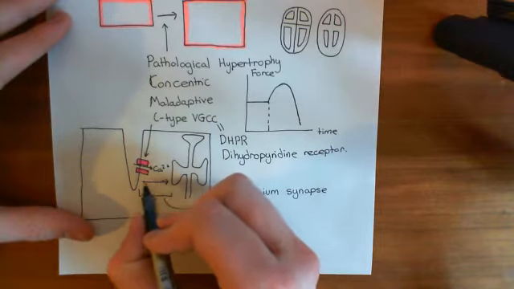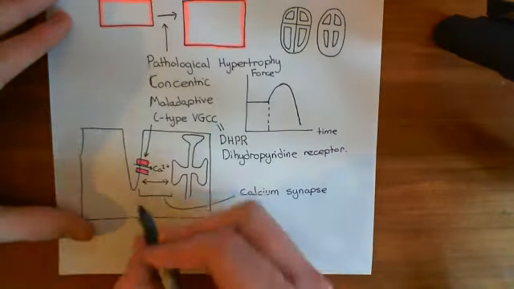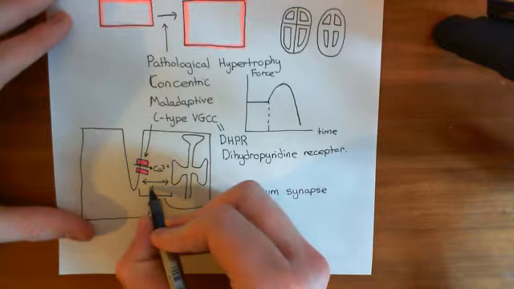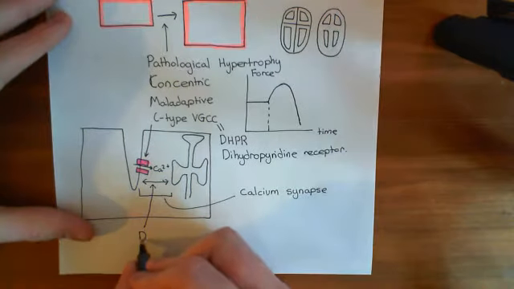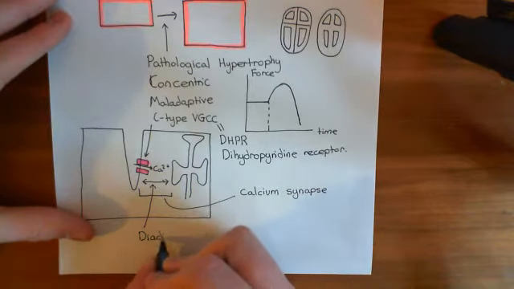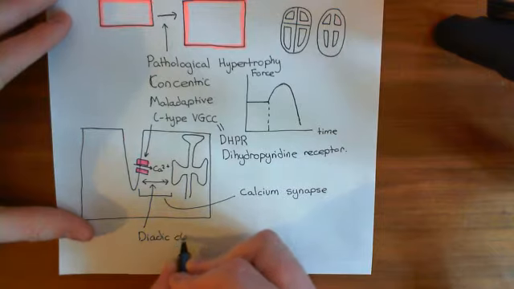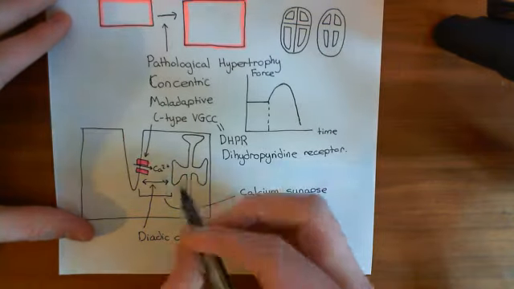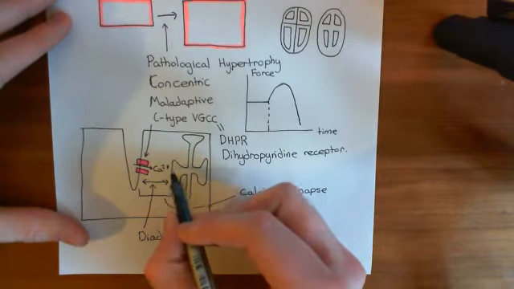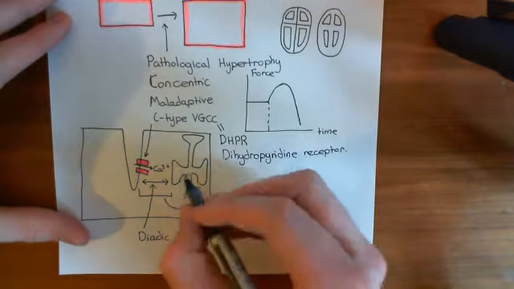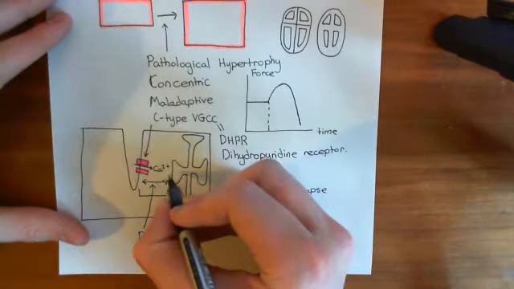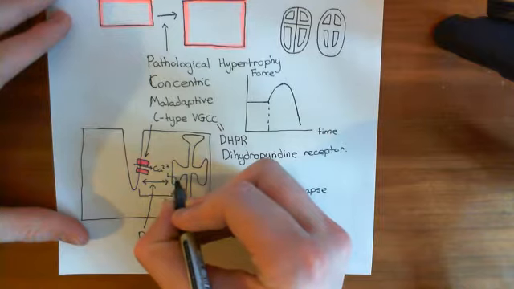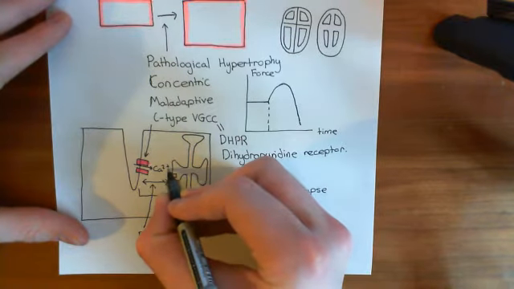The gap between the plasma membrane and the sarcoplasmic reticulum membrane is known as the dyadic cleft. Calcium will diffuse across the dyadic cleft, and it will bind to receptors in the sarcoplasmic reticulum membrane. The sarcoplasmic reticulum membrane is then the equivalent of the postsynaptic membrane.